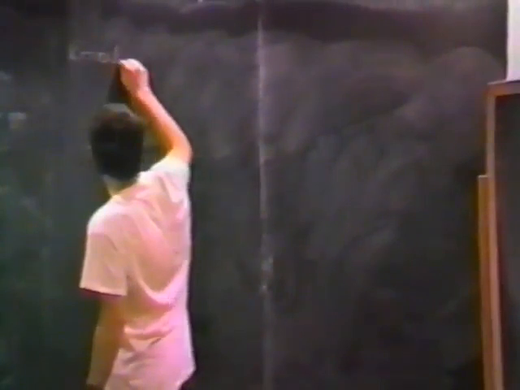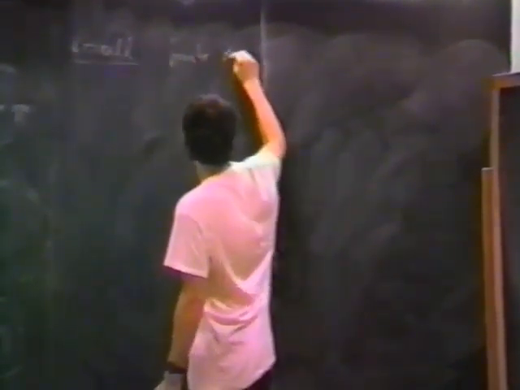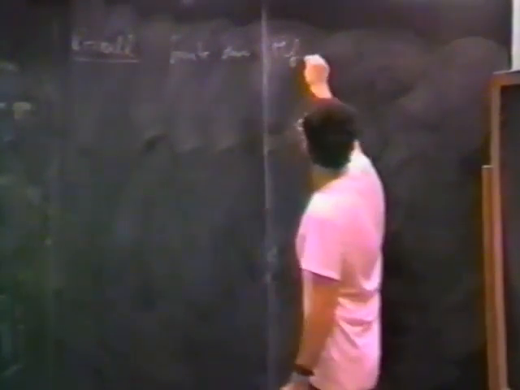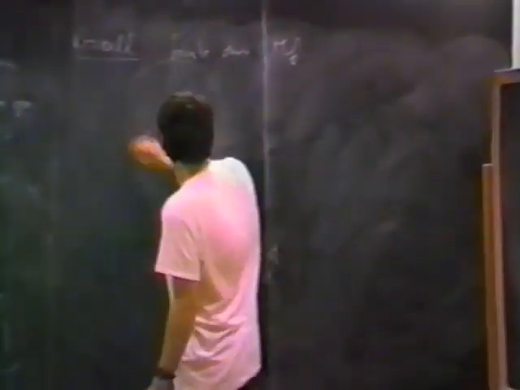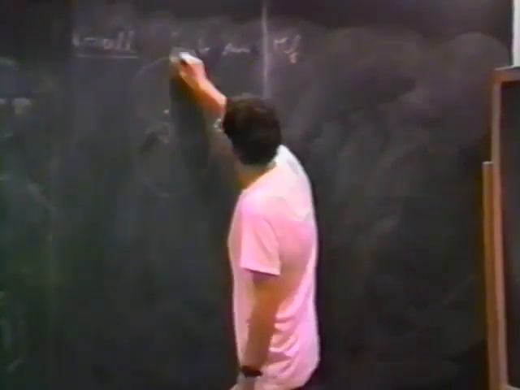So let's recall what the situation is on a finite dimensional manifold, for example a torus.